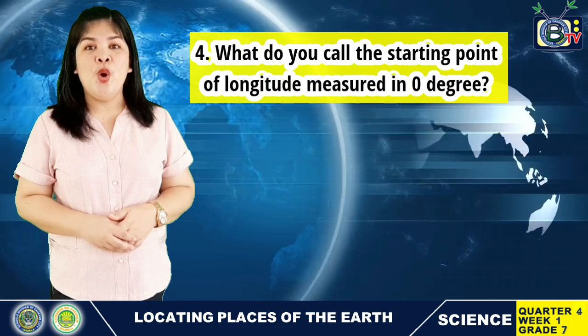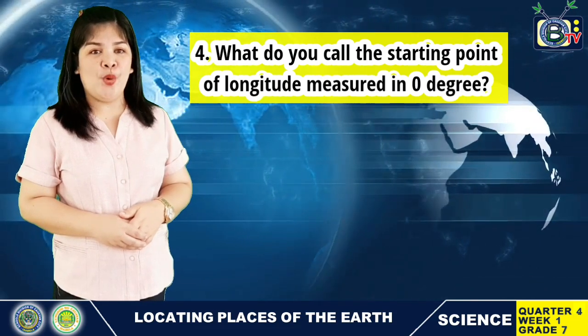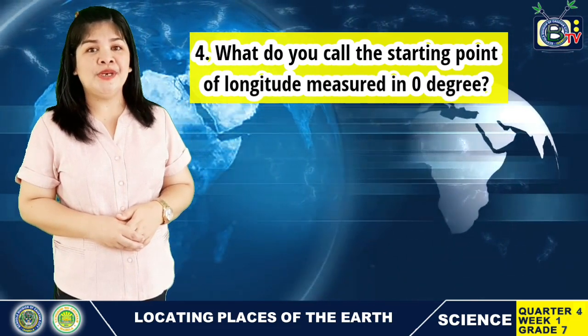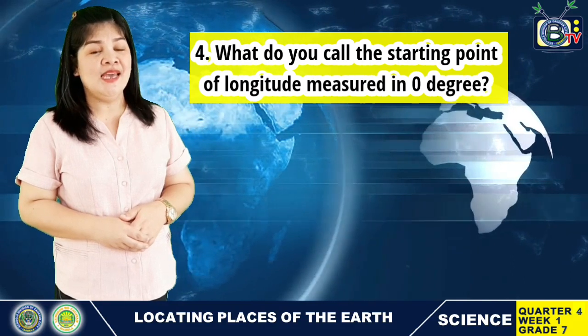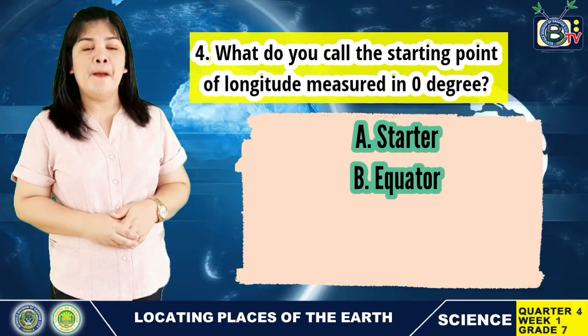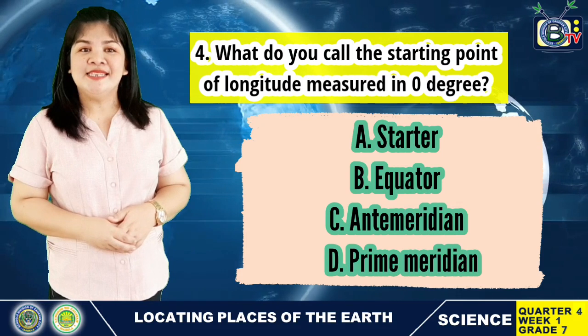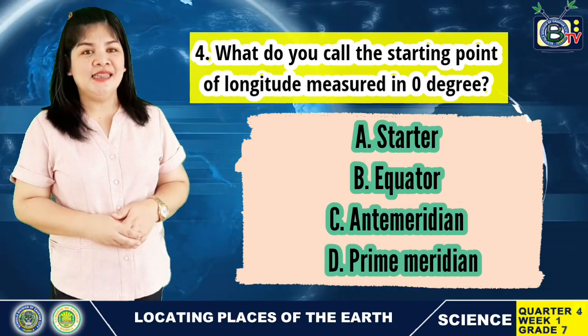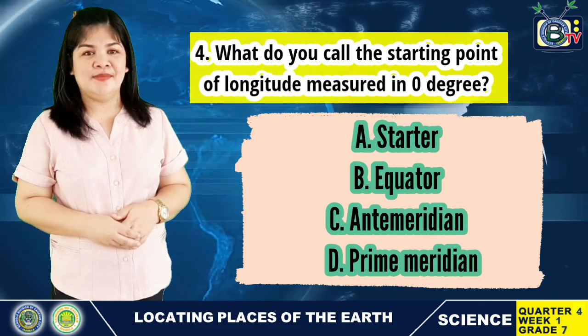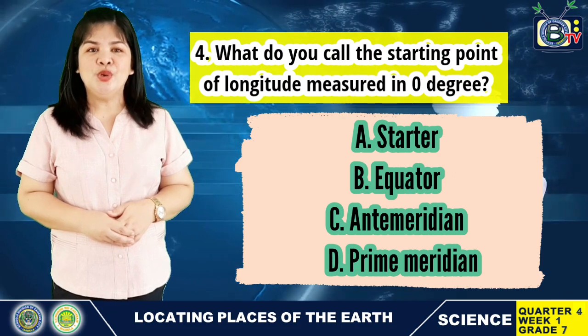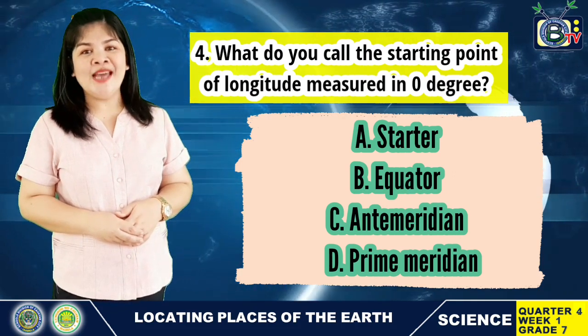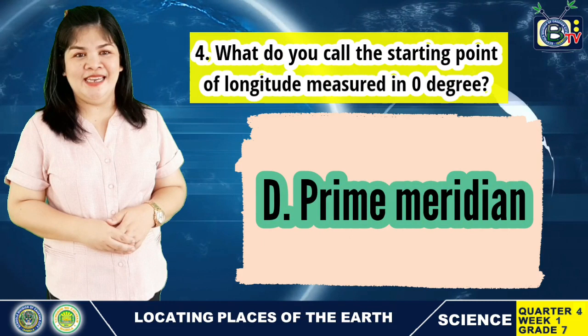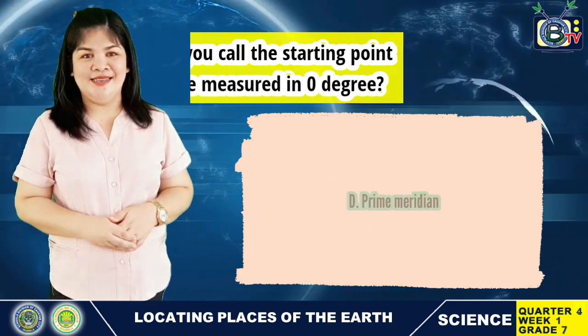Number 4, what do you call the starting point of longitude measured in 0 degree? A. Starter. B. Equator. C. Antimeridian. D. Prime meridian. You got it, learners. The correct answer is letter D, prime meridian.